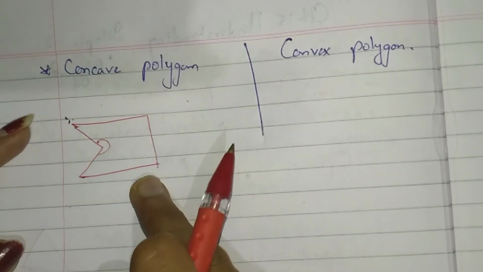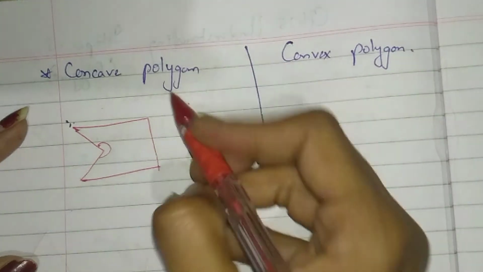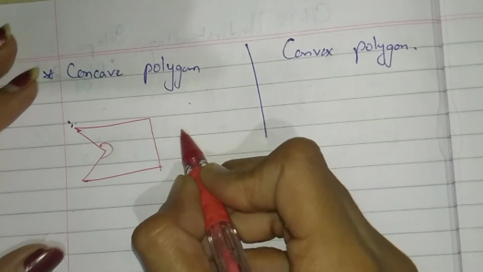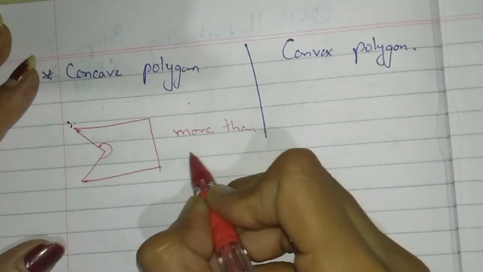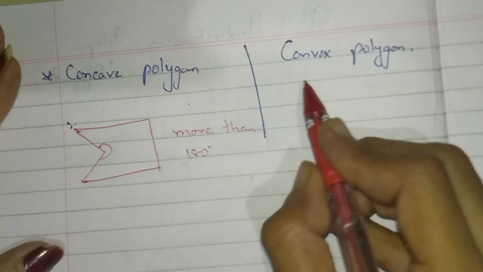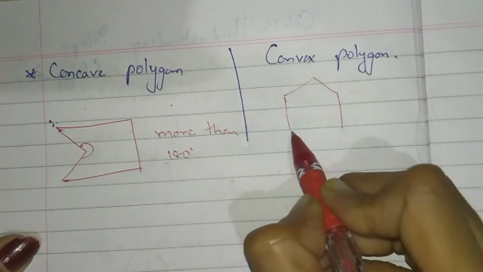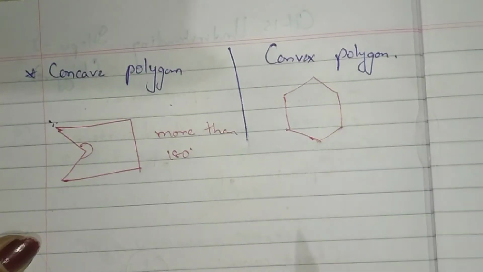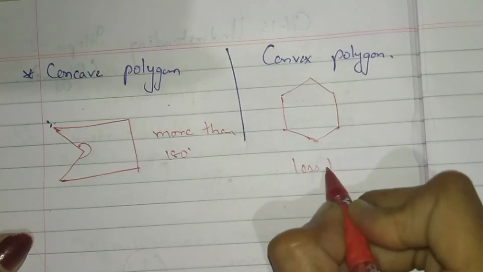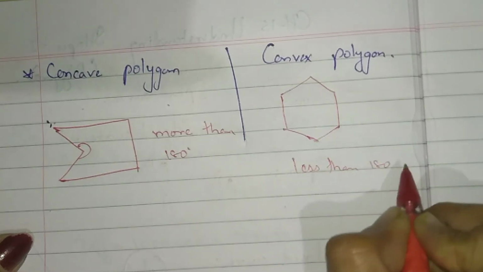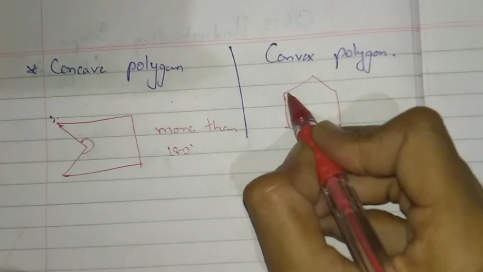If more than 180, then it is called a reflex angle. So at least one angle should be more than 180. And this is a convex polygon, in which angles are less than or equal to 180.